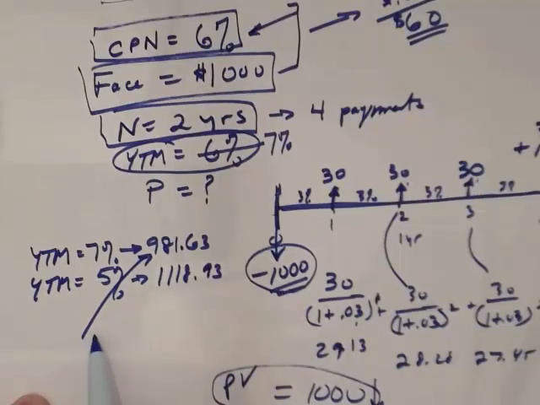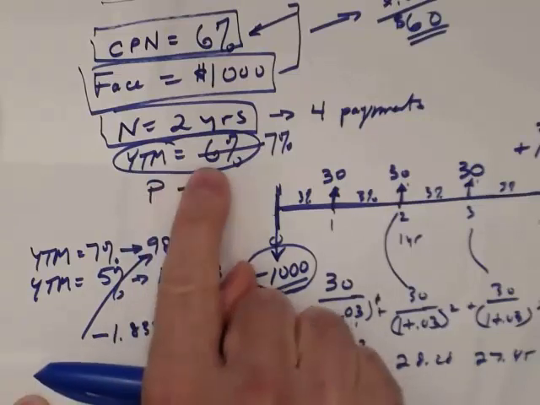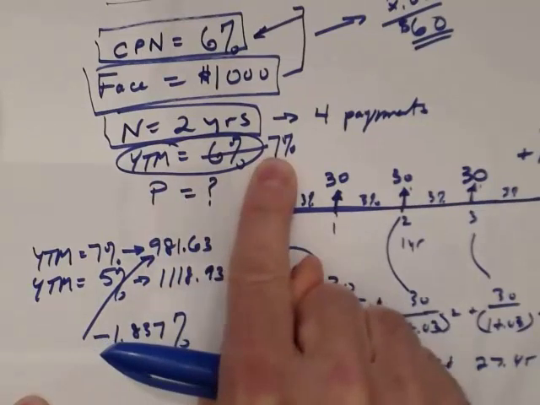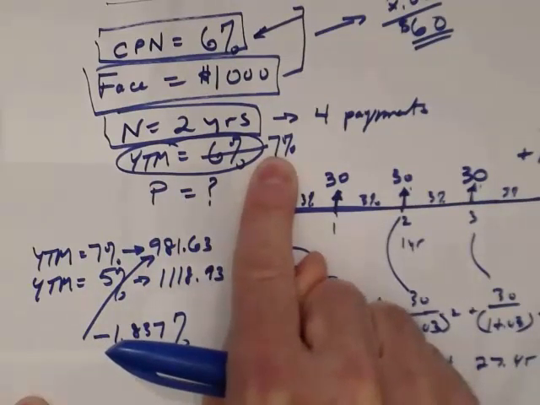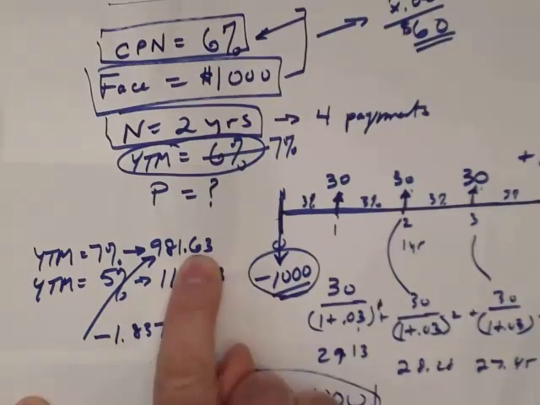And so notice this $981. This bond lost 1.837%. So if the bond was initially priced at 6% and interest rates went up in the market to 7%, this bond would fall 1.87% to 981.